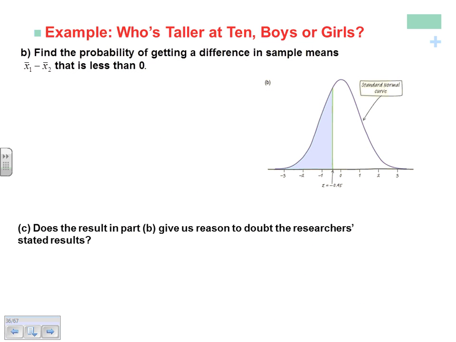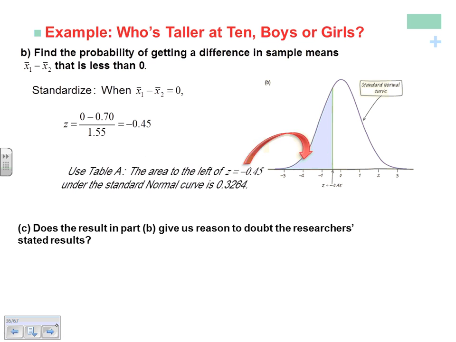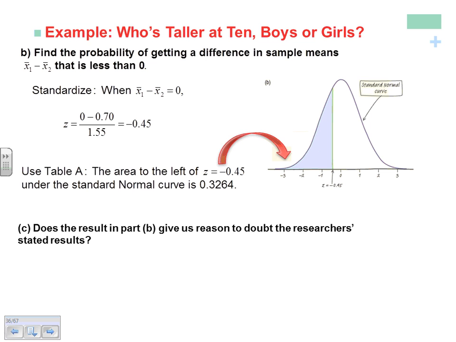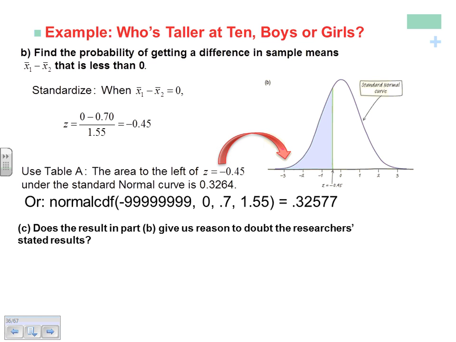Now find the probability of getting a difference in sample means that is less than 0. So here we can convert back to z-scores, and we can use the table to find that area. Or we could use normal CDF to get an even more exact area.